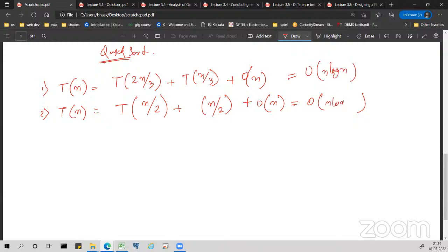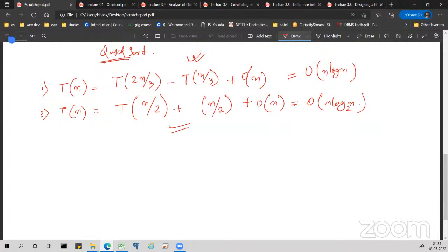Sir, why? How can you please explain? Yeah. See, this is very important. This is n log n, that is understood. Fine. But how is this n log n? See, the log base 3/2 of n will become a factor. Exactly. So here it was 2, right?